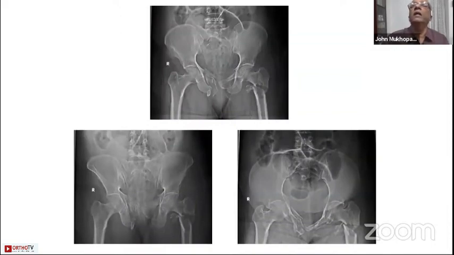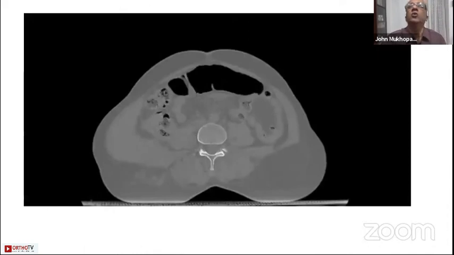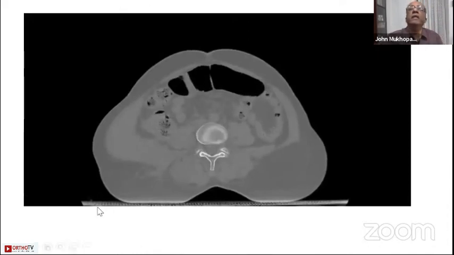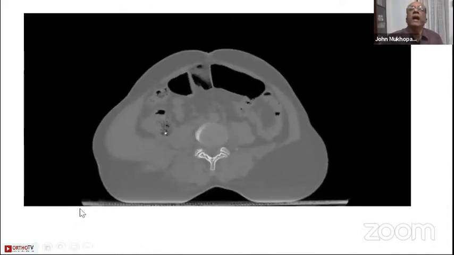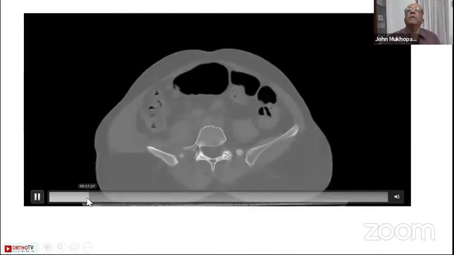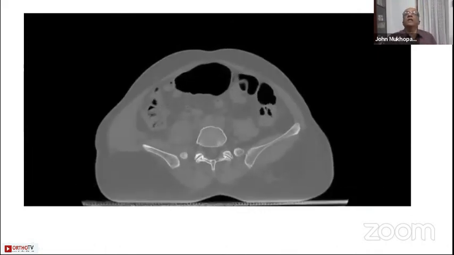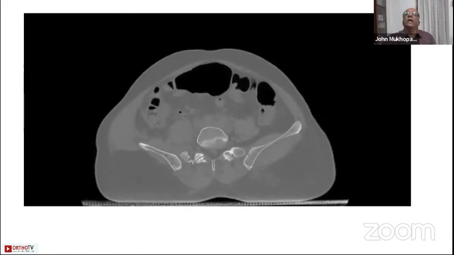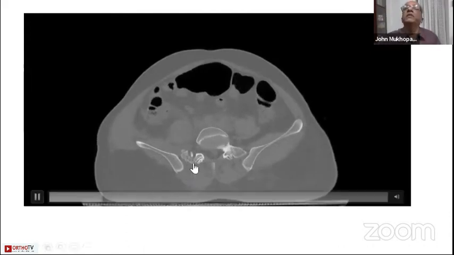The other useful thing in the CT scan is, if it's done in your own institution and you have the PACS system, it's good to see it on the console. You can see the moving images which start off at the lumbosacral spine, come down towards the pelvis. And as you come down along the way, you can see how the sacrum is involved here.